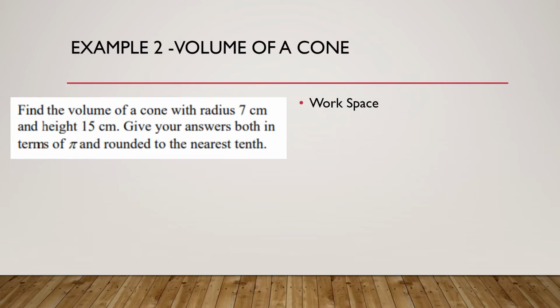On the next one, we're practicing volume of a cone. So again, we're going to start with the formula. So our formula would be pi r squared, which is the circular base, times height divided by 3. So if we fill in our values, we'd have our pi.